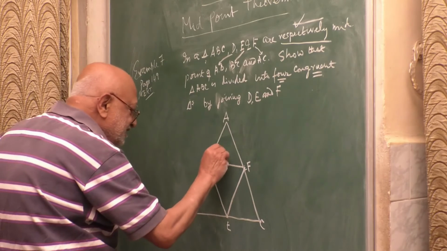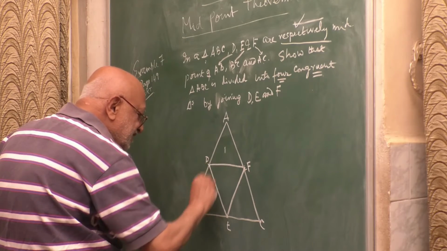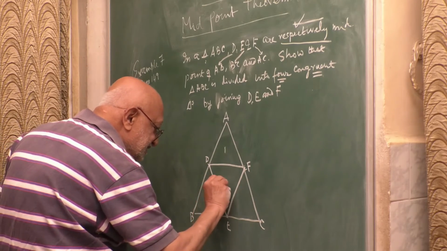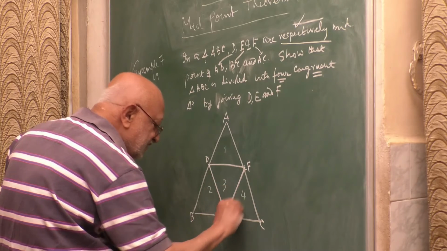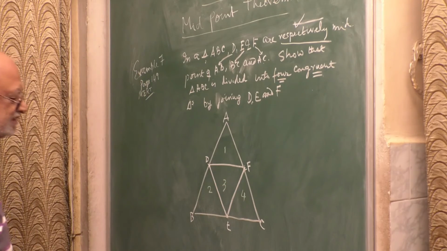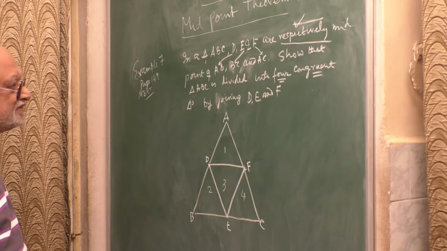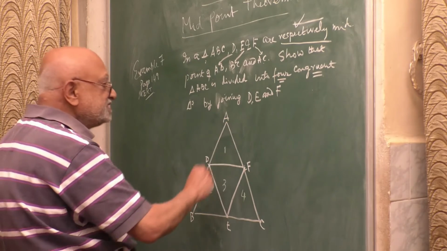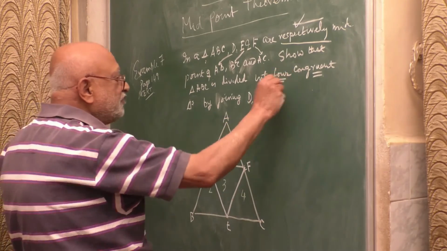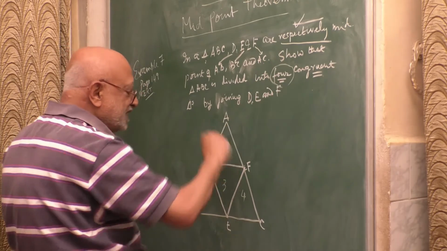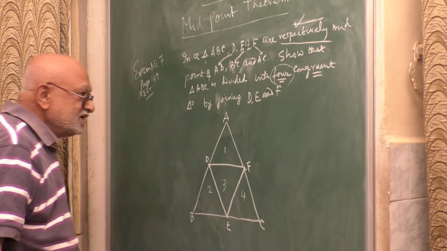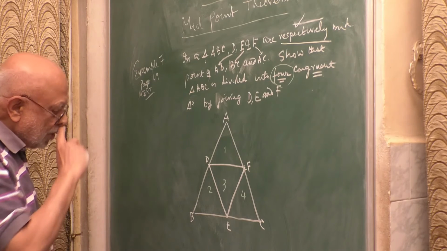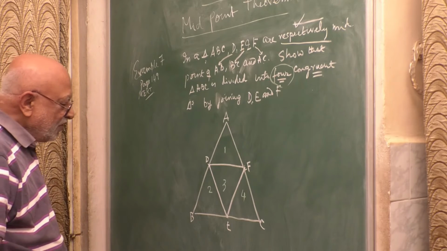This is 1 triangle, this is 2, this is 3 and 4. So all I have to do is prove that they are congruent. So division into 4 is already accomplished by joining. So I have shown 4. So what I have to show them? Congruent.